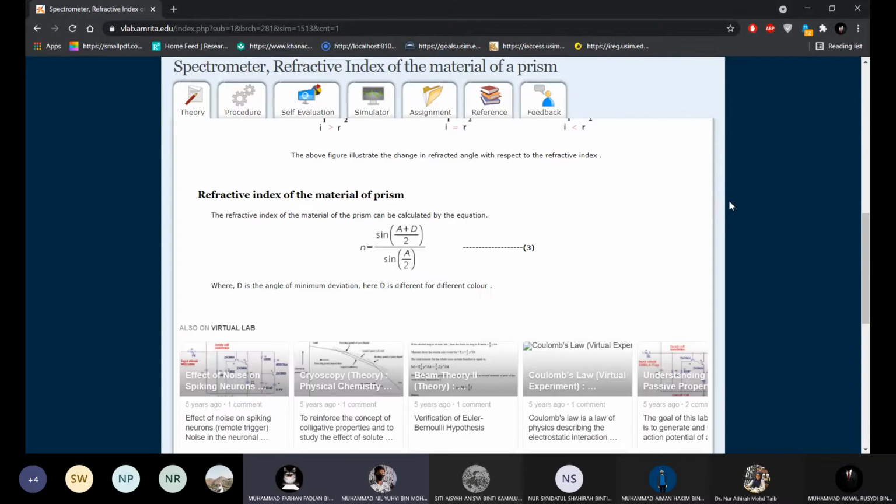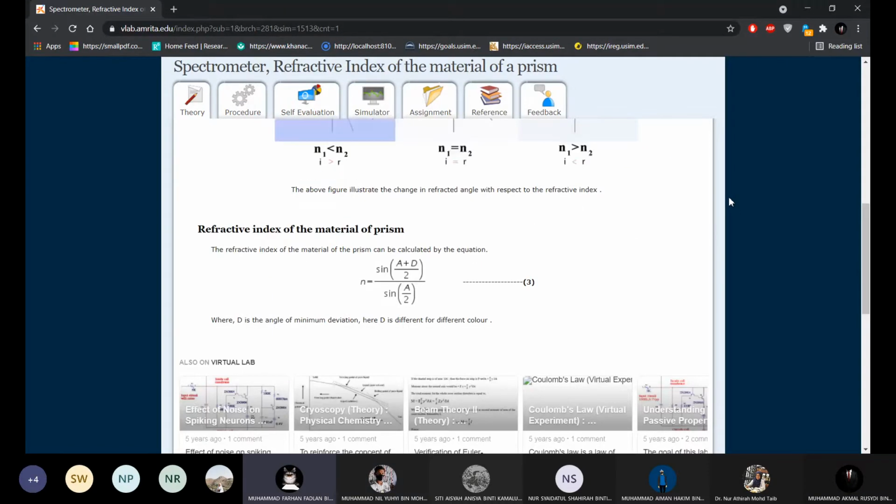All right, so next we move to the refractive index of the material of prism. The refractive index of the material of the prism can be calculated by the equation n equal to sine bracket A plus D divided by 2 per sine A divided by 2, where D is the angle of minimum deviation.